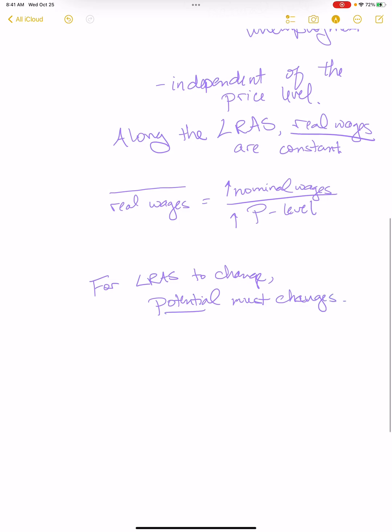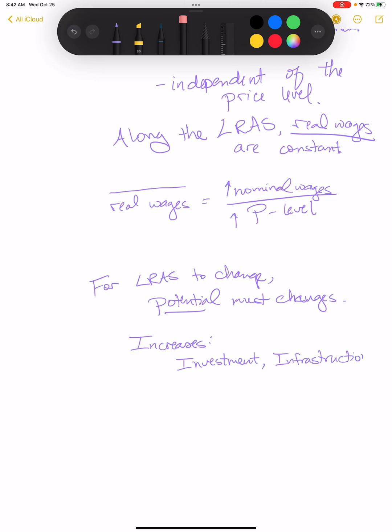Lots of things. If we're thinking about increasing our potential, increases could be caused by investment. I'm only going to give you a short list here because I'll give you a broader statement in a second. Investment, building new factories, then our potential increases. Infrastructure, improving our roads, improving airports, train systems, things like that to move goods and people around faster.